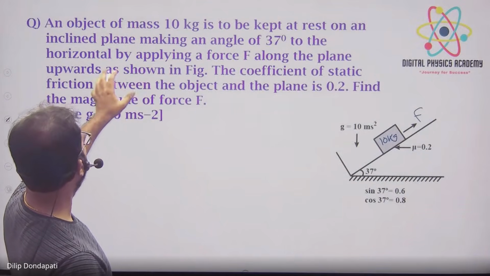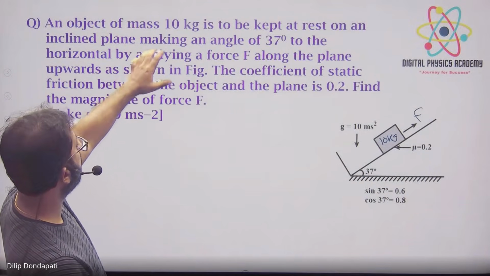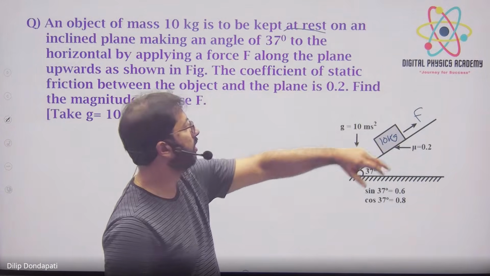So you are applying a force along the plane to keep the body at rest.